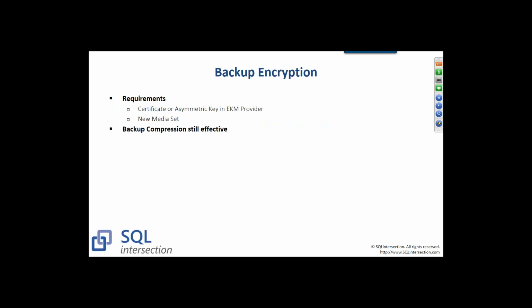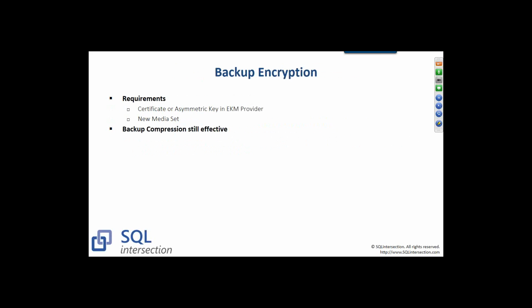Backup encryption. We're just going to touch real slightly on this. You can backup encrypt with a certificate or an asymmetric key, but the asymmetric key, if you plan on using that for backup, you must have it in an EKM provider. So you don't get an option to do an asymmetric key backup to encrypt without it being an EKM.